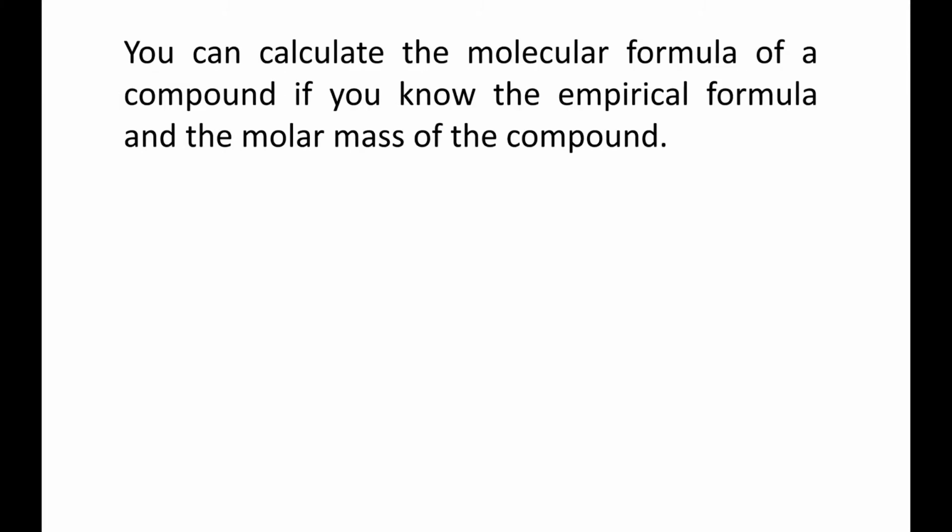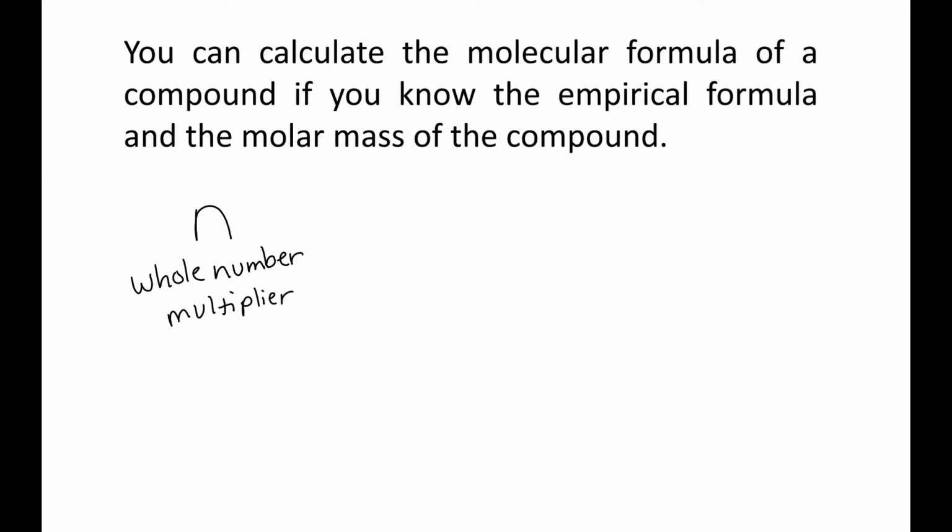You can calculate the molecular formula of a compound if you know the empirical formula and the molar mass of the compound. There's a little expression that shows you what to do. We're going to put an n, which is your whole number multiplier.